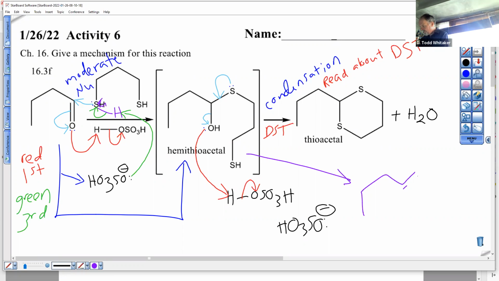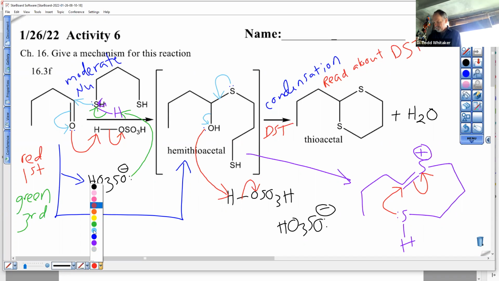Got this double bond to S. Got 3 CH2s. Got an S. Draw the bond. You'll save yourself. There's your activated thiocarbonyl. And we're going to do the attack. And your base is going to grab the H in blue. And you're going to be done.